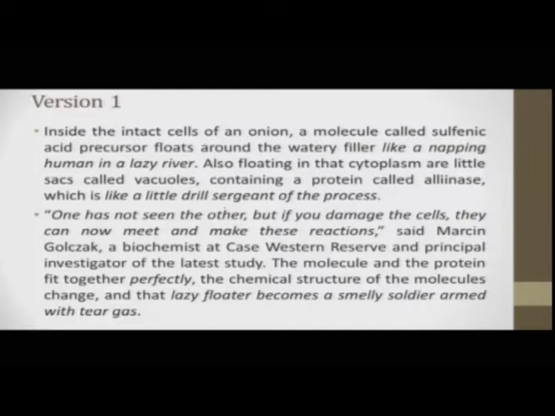Also floating in that cytoplasm are little sacs called vacuoles containing a protein called alliinase, which is like a little drill sergeant of the process. One has not seen the other, but if you damage the cells, they can now meet and make these reactions, said Marcin Golczak, a biochemist at Case Western Reserve and principal investigator of the latest study.